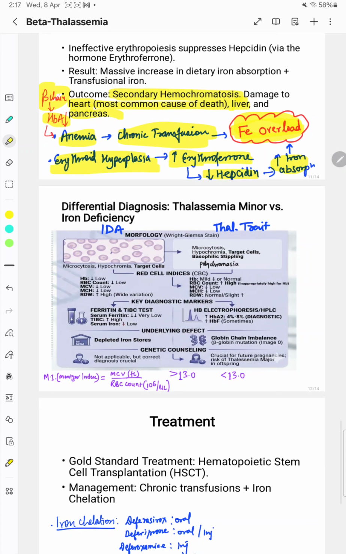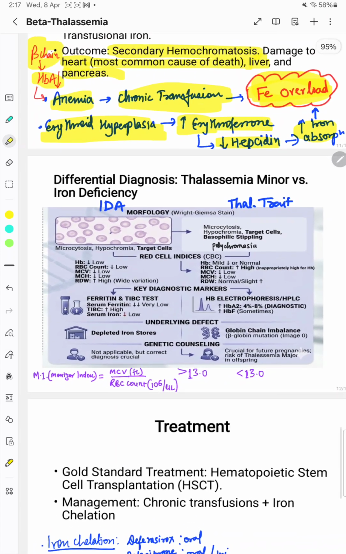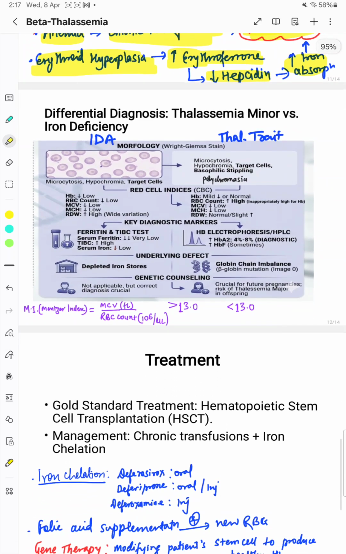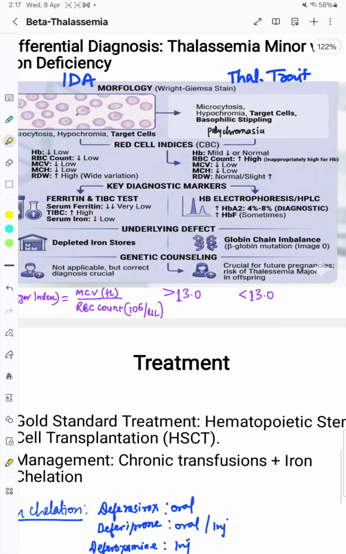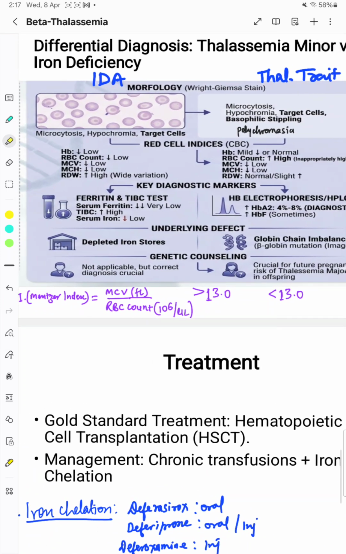Now we will see the difference between thalassemia minor or thalassemia trait and iron deficiency anemia. Thalassemia minor is also known as thalassemia trait. So on morphology, both of them show microcytosis, hypochromia, and target cells can be seen in both conditions.